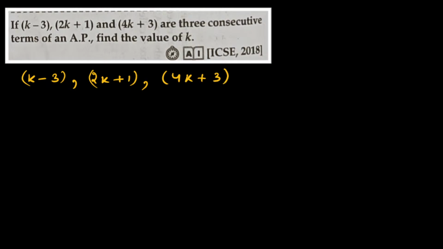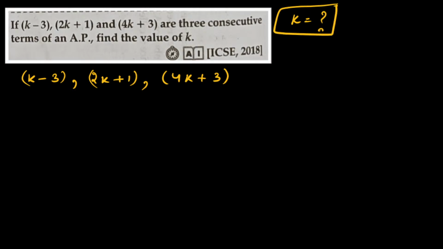It's mentioned that these are consecutive terms. Consecutive terms means first, second, third, it might be second, third, fourth, it might be fourth, fifth, sixth, so like that. These are next to each other. Find the value of k. So we have to find the value of k here.